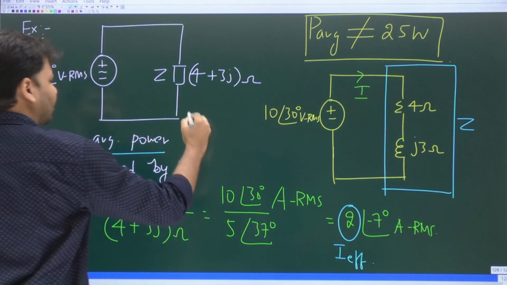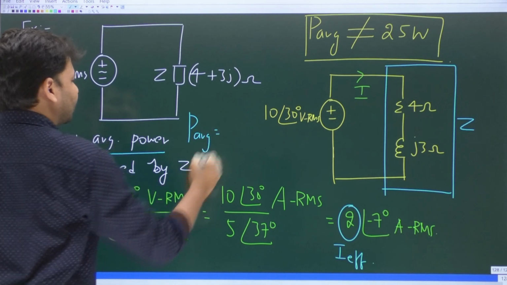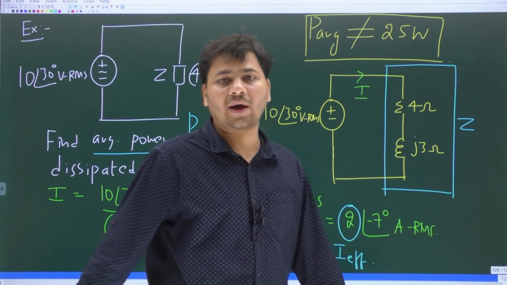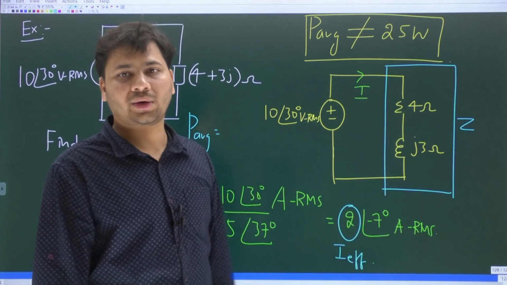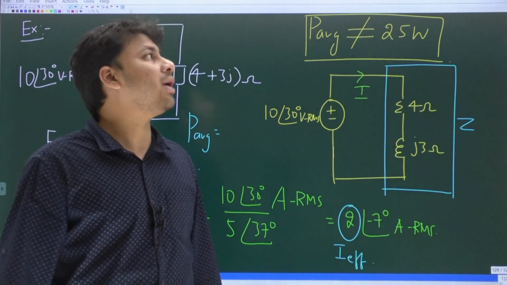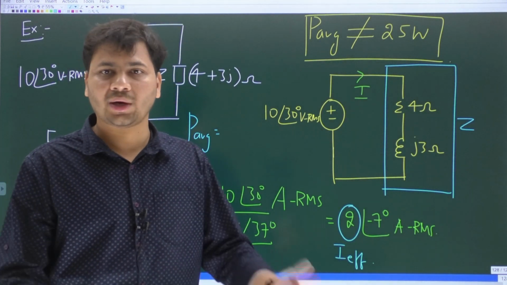Now we can write that the average power absorbed by the impedance is the same as the average power absorbed by the 4 ohm resistor, because the inductor will not contribute to any kind of average power absorption or dissipation.